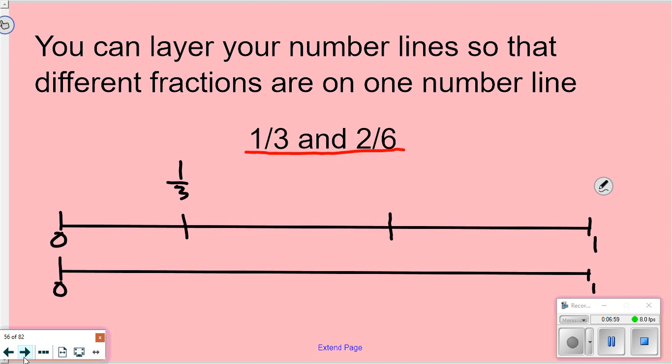If I'm showing 6 on my second number line, how many pieces am I going to partition it into? Kinsey? How many pieces am I partitioning the second number line into? 6. Go ahead and partition it into 6.